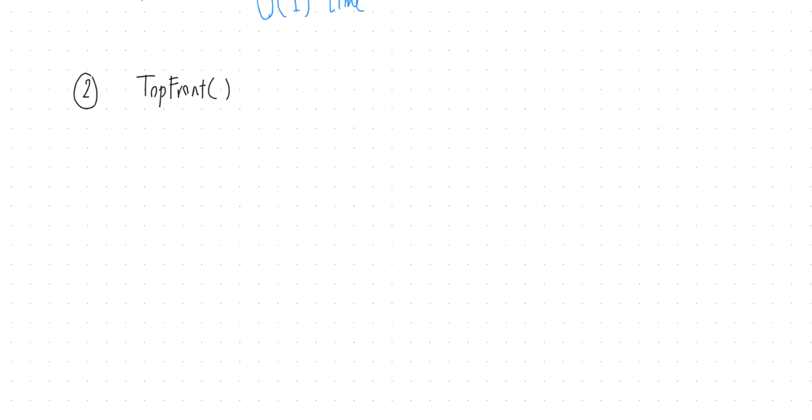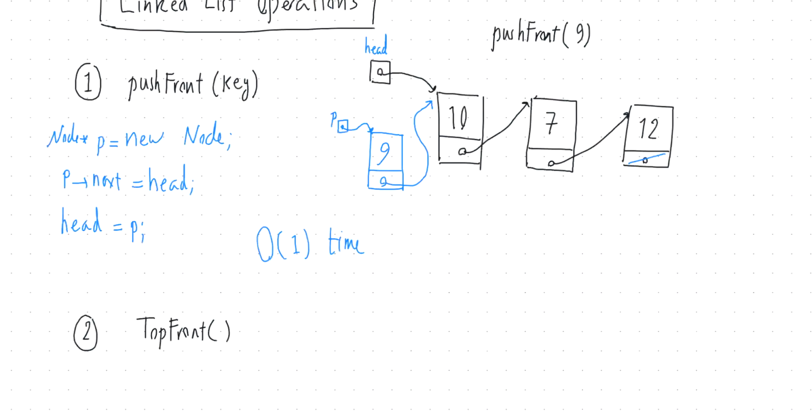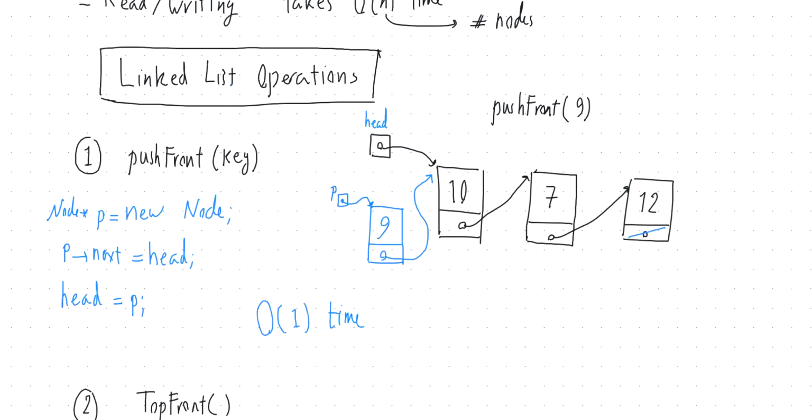Let me not draw a picture for it, because it's very simple. So let's say we have this 9, 10, 7, and 12 as our linked list, and I call top front, so it should return 9. And how does it access 9? It uses head. I forgot to update. After this line, head will be pointing down here.